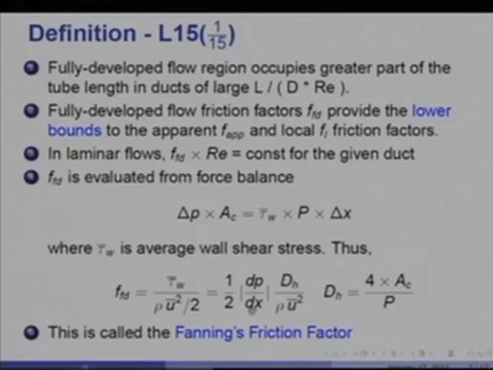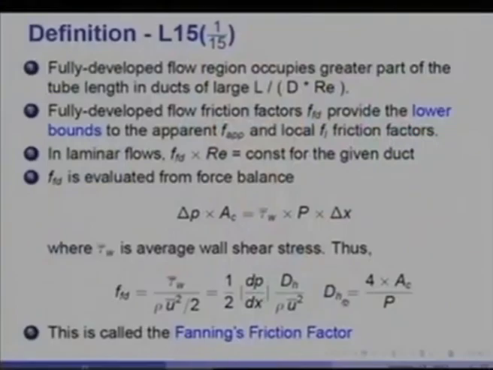I have put a modulus to remind that dP dx is negative in any ducted flow. The hydraulic diameter dH is 4 times area of cross section divided by perimeter of the duct. In this definition, friction factor is called the Fanning's friction factor, named after Fanning.